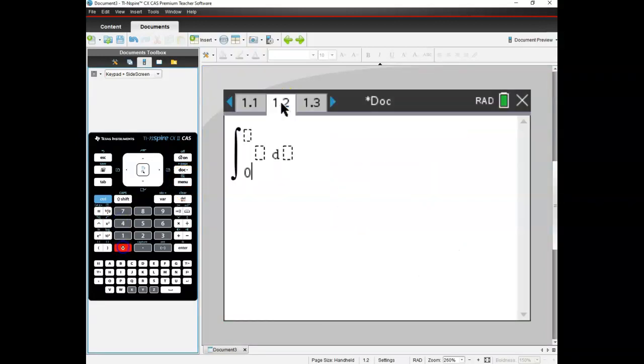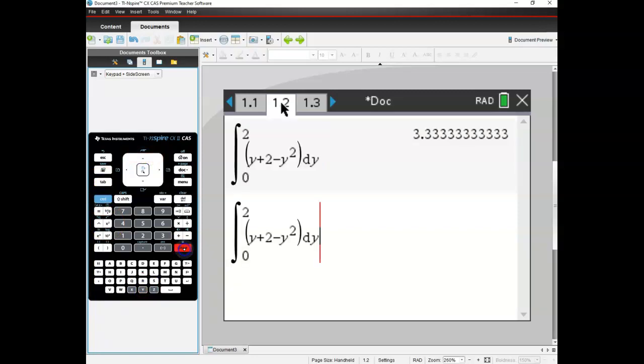And I'm going to integrate from 0 to 2. And inside here, I'm going to give it my y plus 2, parenthesis, minus y squared, dy. And when I hit this, 3.33, or 10/3, it works out.